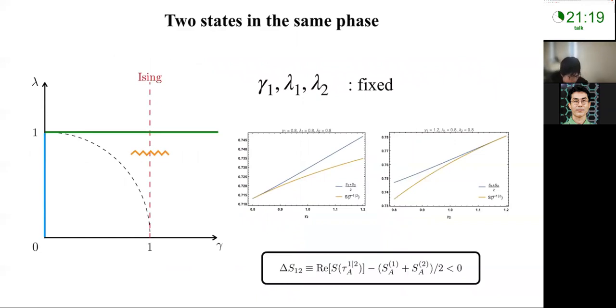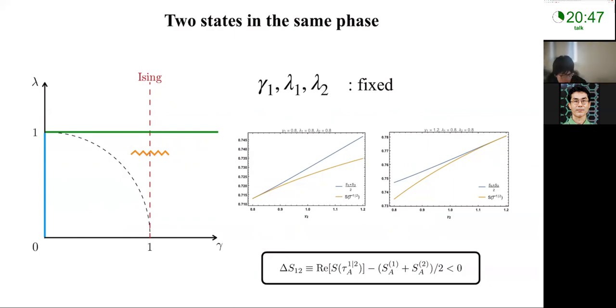First, let us see the two-state vacuum state in the previous Hamiltonian living in the same phase. So for example, if we have one of the two ground states living at this point, and suppose another state living at the same point, but then we gradually change the parameter for one of the two states along this zigzag line, we can see the behavior of the pseudo entropy or average entanglement entropy.